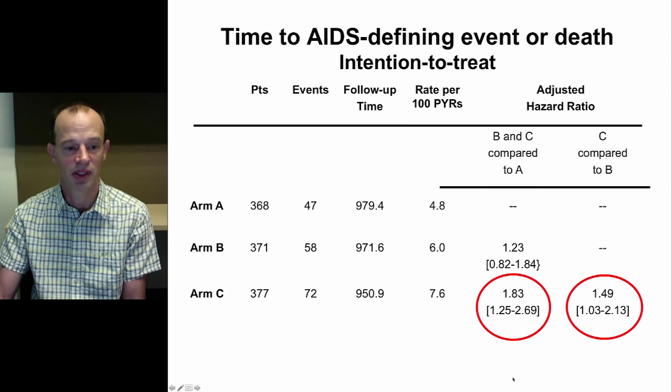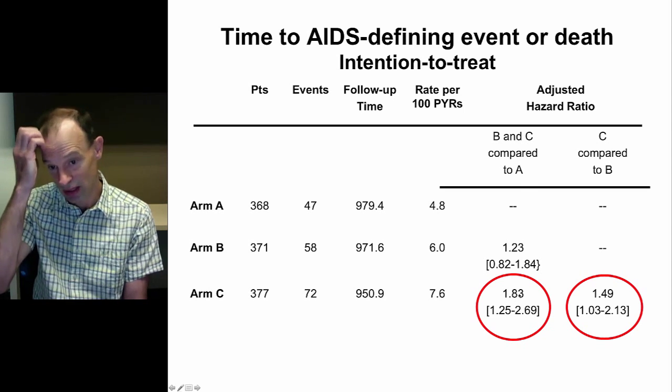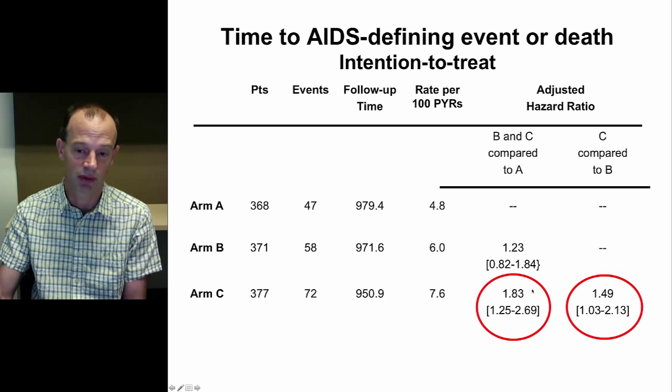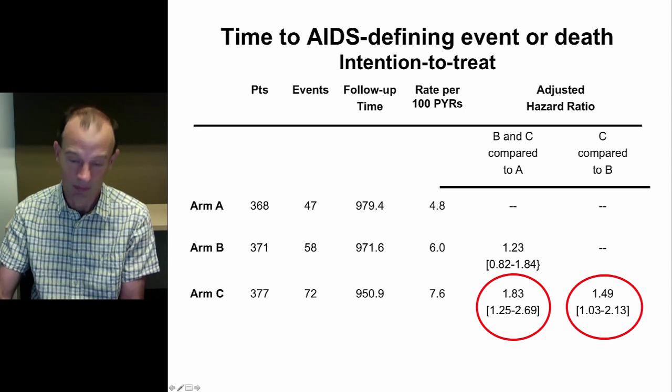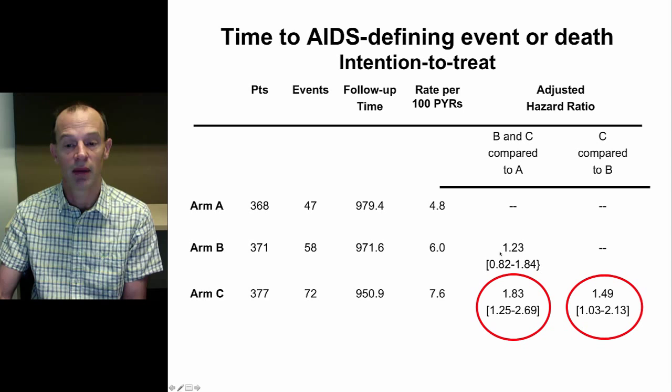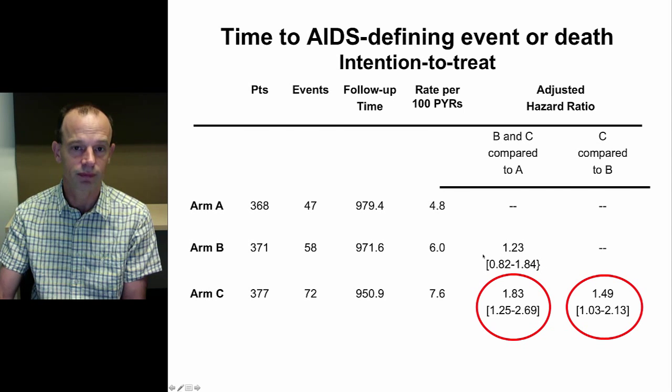And when we compared arm C to arm A, which was the viral load and CD4 monitoring arm, we also saw an increase in risk for new opportunistic infections or death. And while there was a slight increase comparing arm B to arm A, this was not statistically significant.